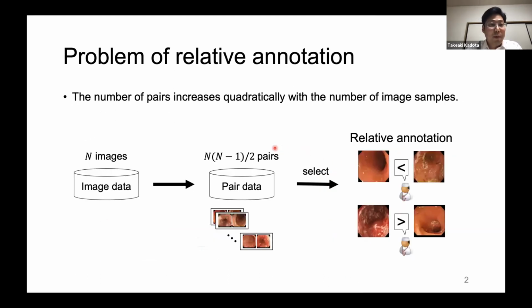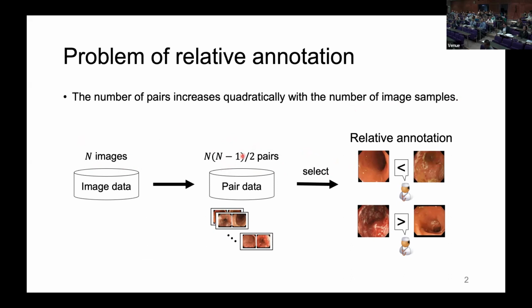A practical problem of relative annotation is that we must select appropriate image pairs to annotate from all possible pairs. This is because the number of pairs increases quadratically with the number of image samples.